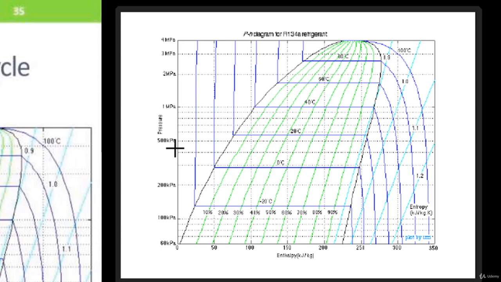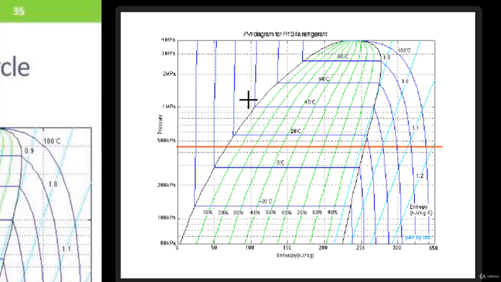You cannot find it because it's in terms of kilopascal over here. So 0.45 MPa is in fact 450 kilopascal. This line is 200 kilopascal, the next dotted line is 300, followed by 400, and finally you have 450 kilopascal. So your bottom line will be along this 450 kilopascal line.